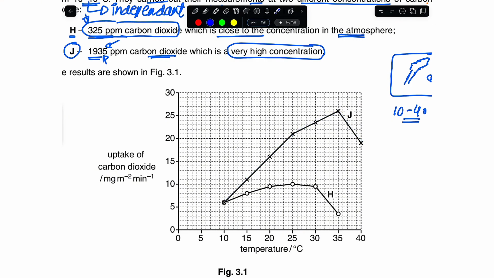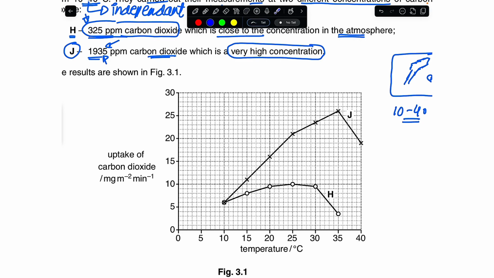But if I look at a temperature of 10 degrees centigrade, at this point the rate of the uptake of carbon dioxide is the same for the leaves that were kept in H and in J. Moving onward, we would see that the maximum uptake of carbon dioxide for J was achieved at a higher temperature of 35. But if we look at H, the highest carbon dioxide uptake by the leaves in H was attained at a lower temperature of 25.